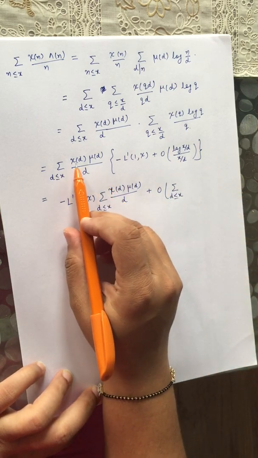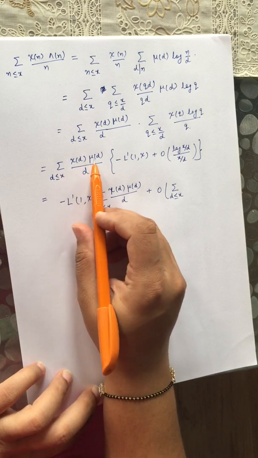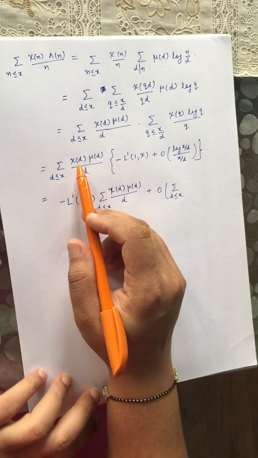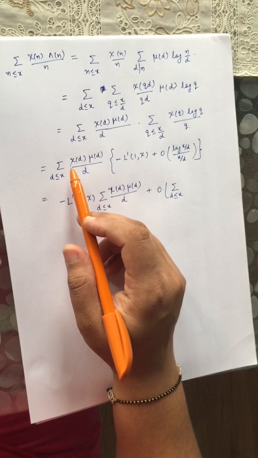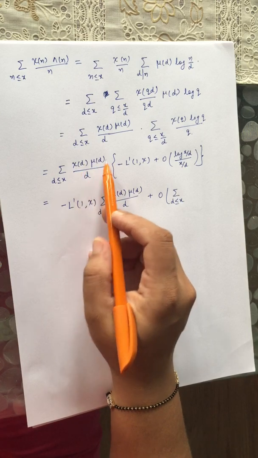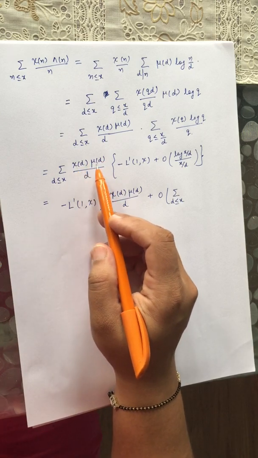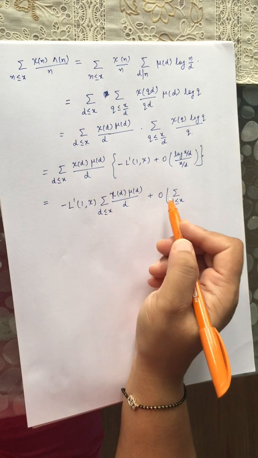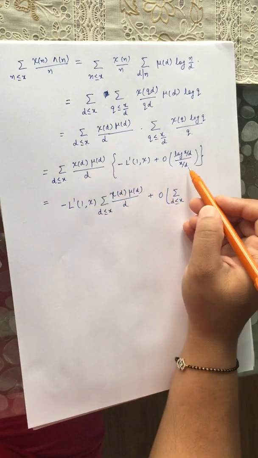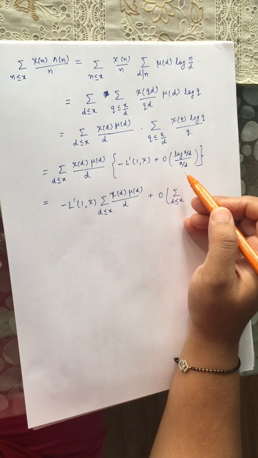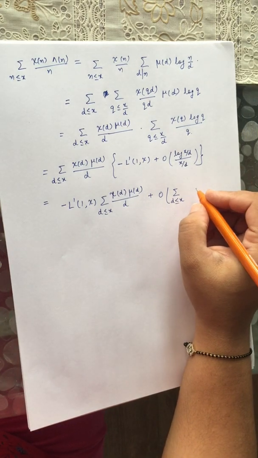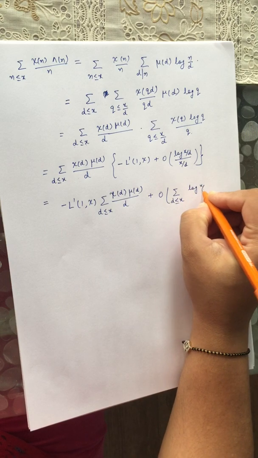Now in the order term, we know χ(d) and μ(d) both take values with modulus less than or equal to 1, because χ(d) is a root of unity: either its mod is equal to 1, or it is 0. Similarly μ takes values 0, 1 and minus 1. So in the order term we can skip χ(d) and μ(d). Now this d will cancel with this d, so the order term becomes just 1/x into log(x/d).